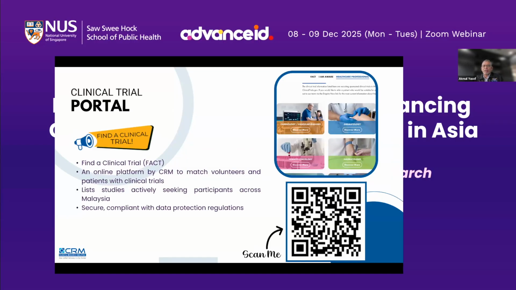The other one is about creating a portal where patients can go and understand what is going on in terms of research in the country. CRM created this portal so that patients can look at it on an online platform, and a list of the number of studies is seen, and how they can participate with direct communication with the study team in the particular hospitals.